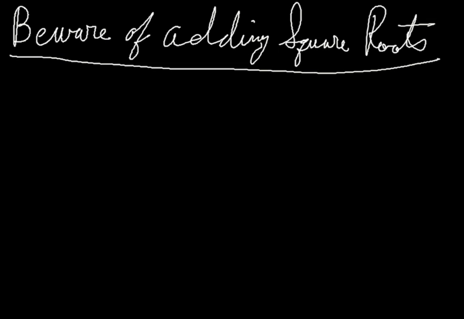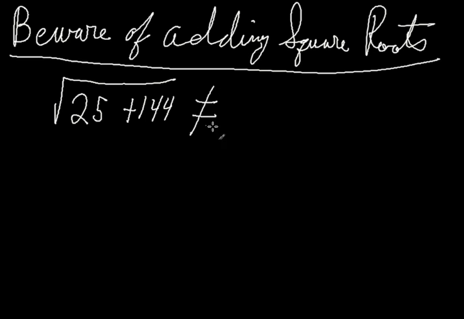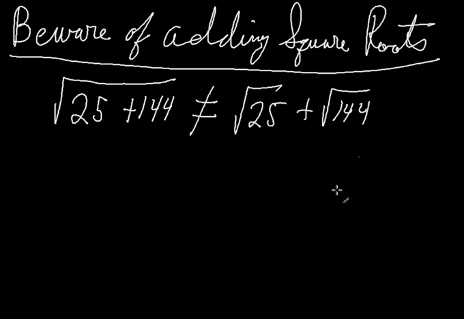For the next thing, I want you to be aware of adding square roots. Let's look at an example. The square root of 25 plus 144 is not equal to the square root of 25 plus the square root of 144.